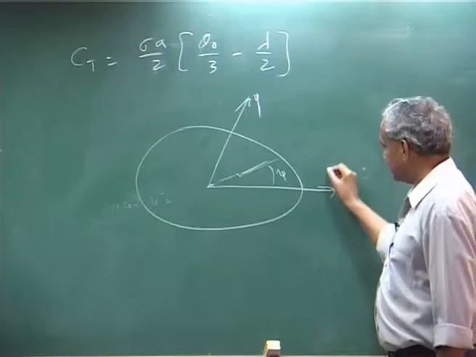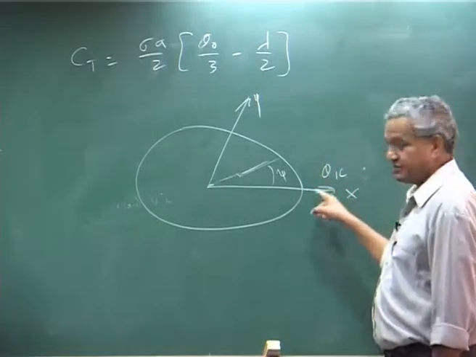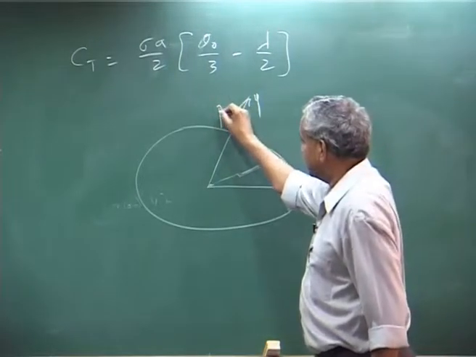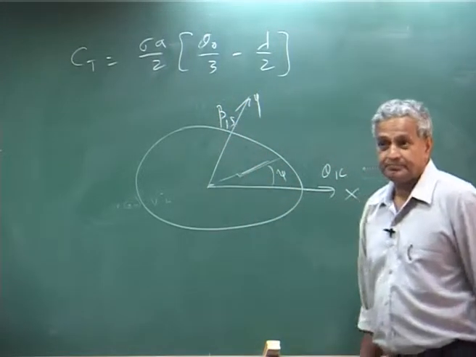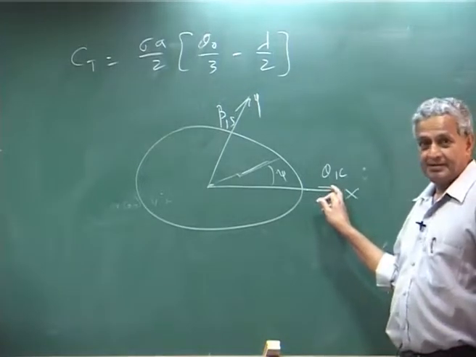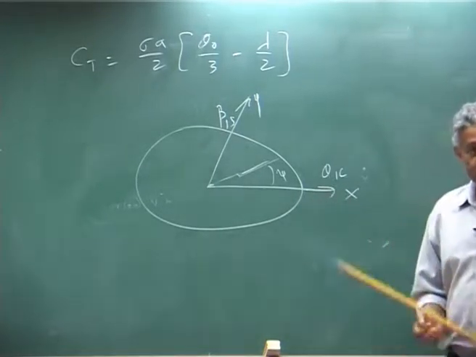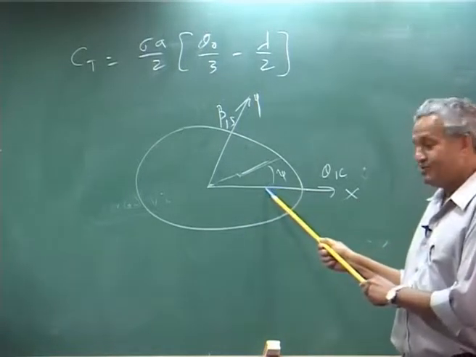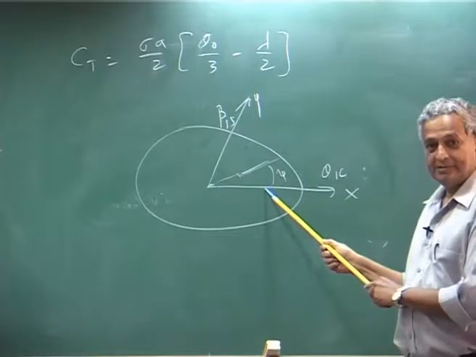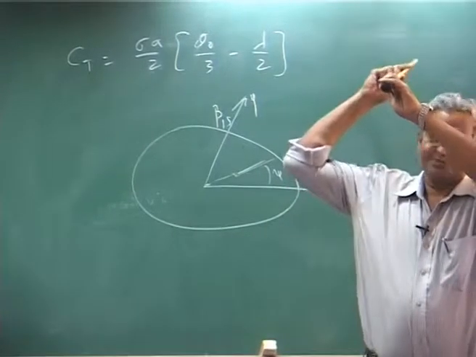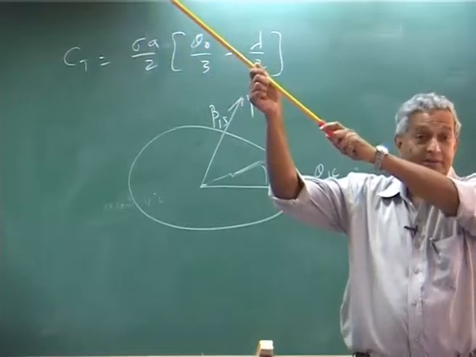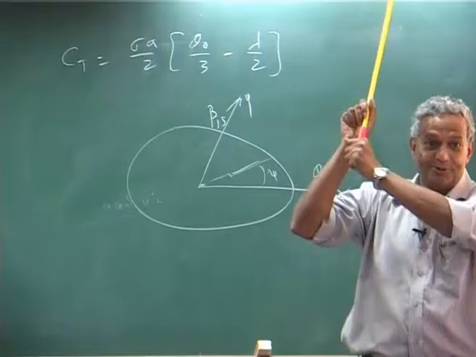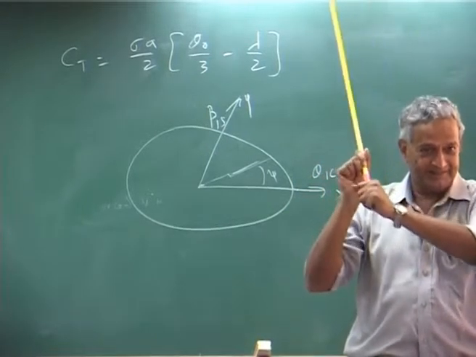If I change here, the pitch angle gets changed here, because theta 1 C is pitch. If I increase my pitch angle when psi is 0, that means when the blade is here, the blade will flap up there, not that it will immediately go up, please understand.